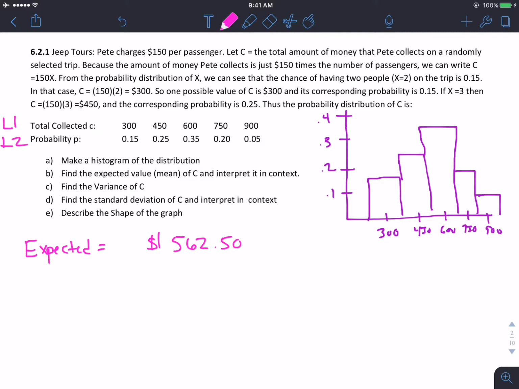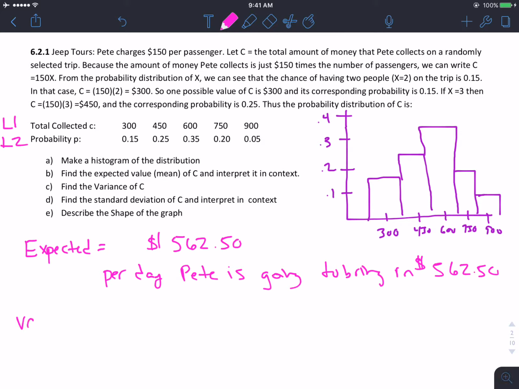It means that per day, Pete is going to bring in $562.50. That's just the expected amount he's going to make.